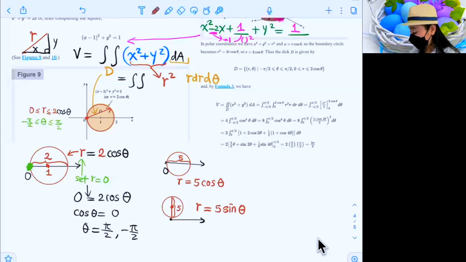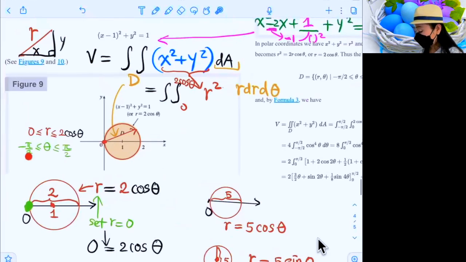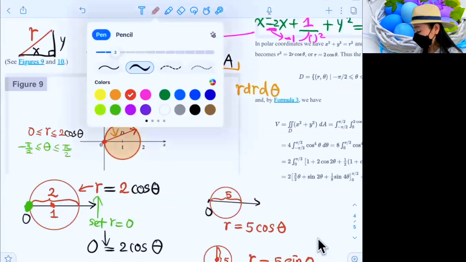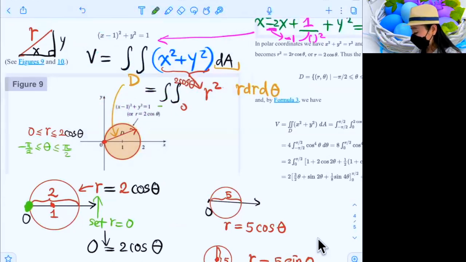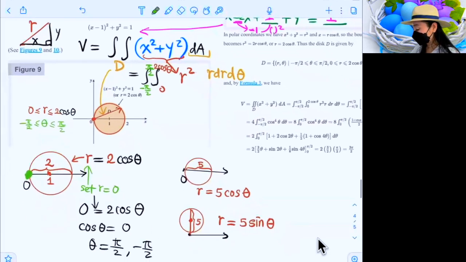So that will be 0 to 2 cosine theta. And then what happened to theta? Theta change from negative pi over 2 to pi over 2. So we put it down. Negative pi over 2 to pi over 2. Now we set up the integral.